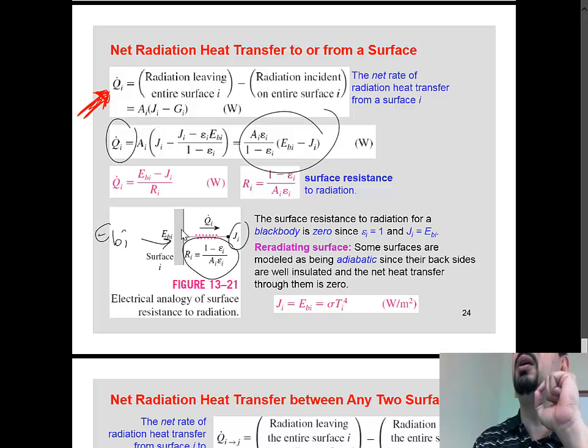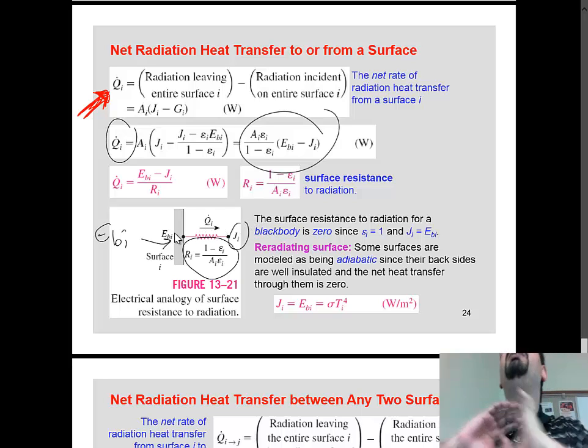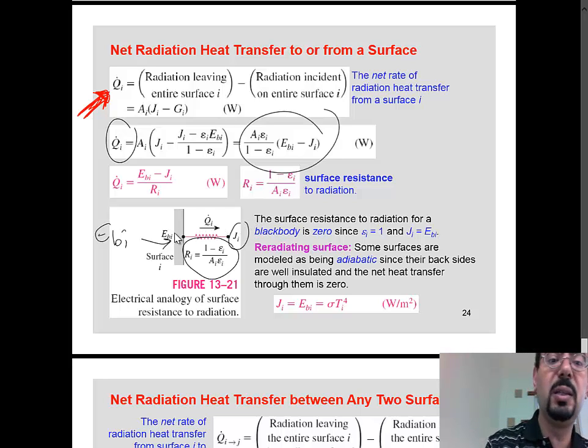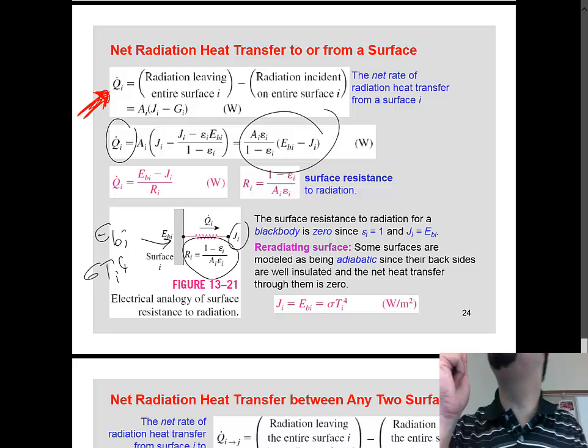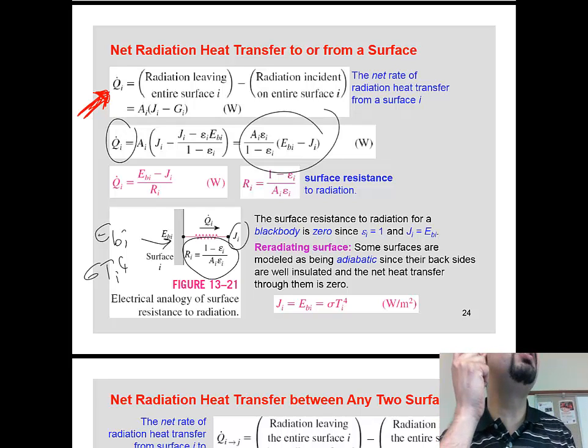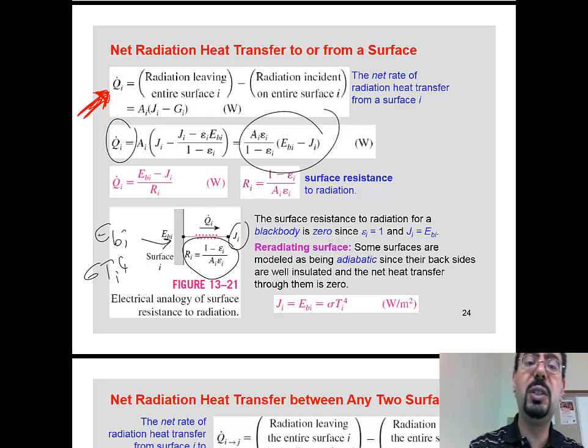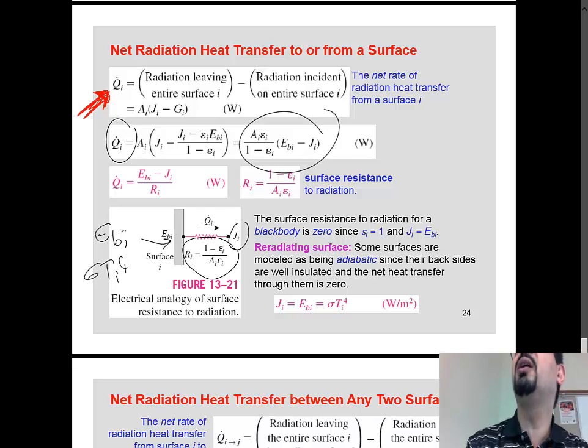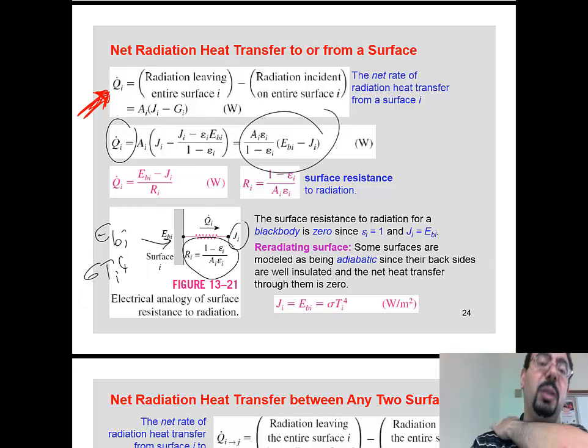If this were a black body, its radiosity would end up being its black body radiation, its Ji would just be EBi. It would send to the whole world sigma Ti to the power 4. But because it doesn't have emissivity equal to 1, it has a surface resistance of 1 minus epsilon i over Ai epsilon i. That is the surface resistance. I didn't prove why, but I will show you in a second.